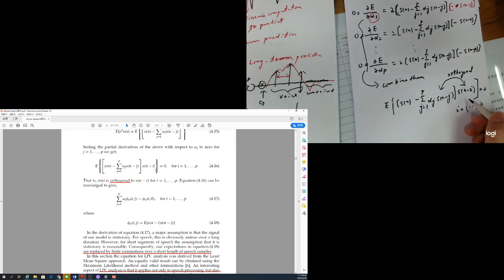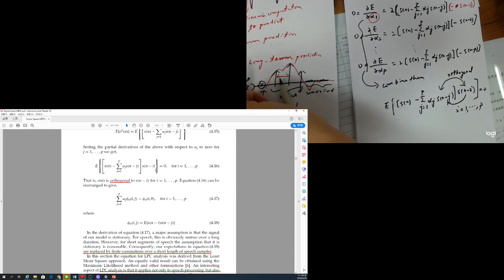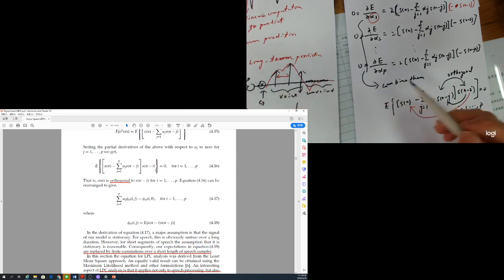If we multiply this one inside and this one inside, and reorder it, you can see this one multiplied by this one, and then move to your right hand side. So this one will be s n times s n minus i on the right hand side, and the summation over j equal to 1 to p of alpha j s n minus j multiplied.